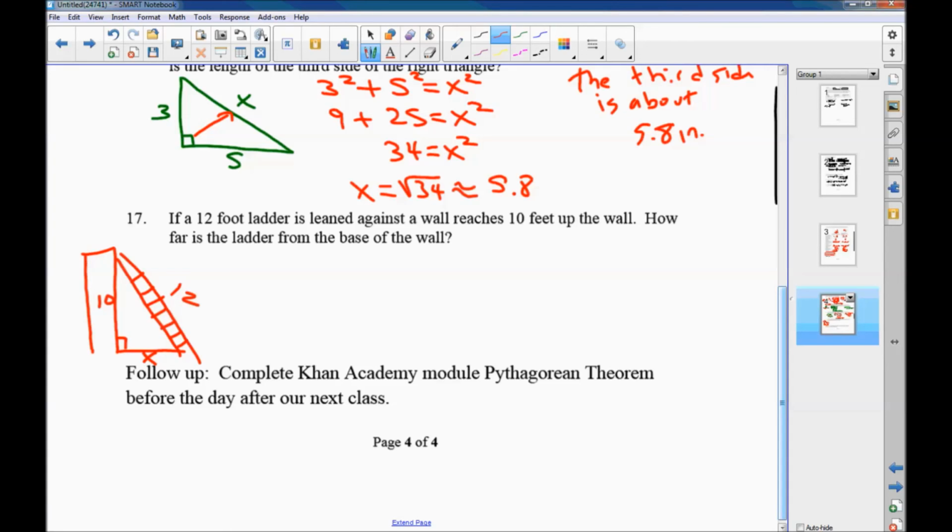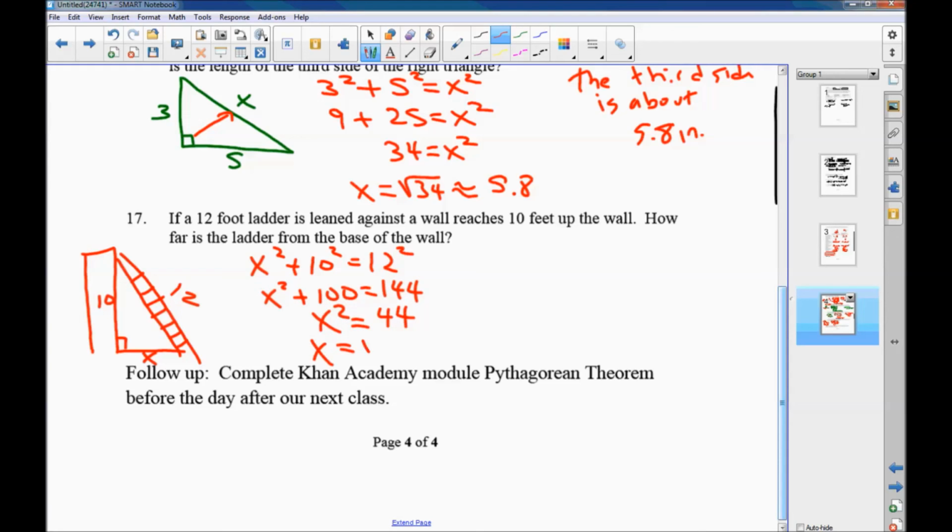There's our missing distance. 12 is definitely the long side here, so we'll go x squared plus 10 squared equals 12 squared. And then I'll square all the parts. So 100 and 144. We subtract 100 from both sides, and we're going to get 44 left over.